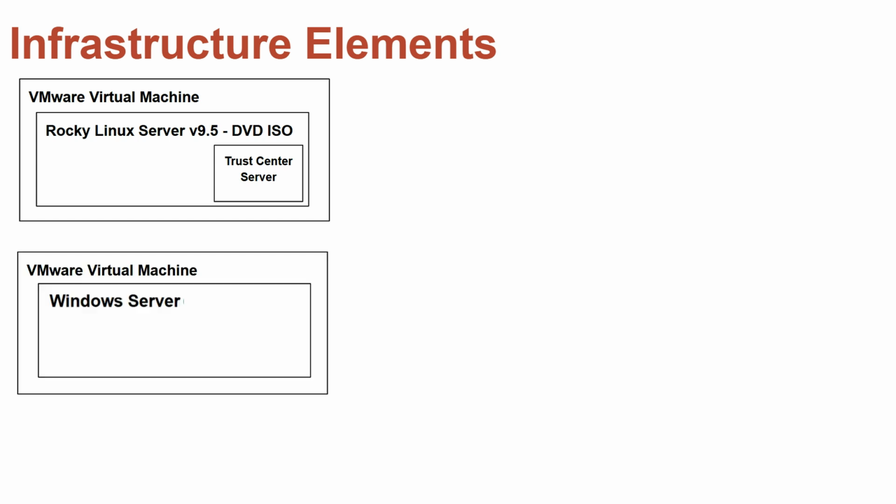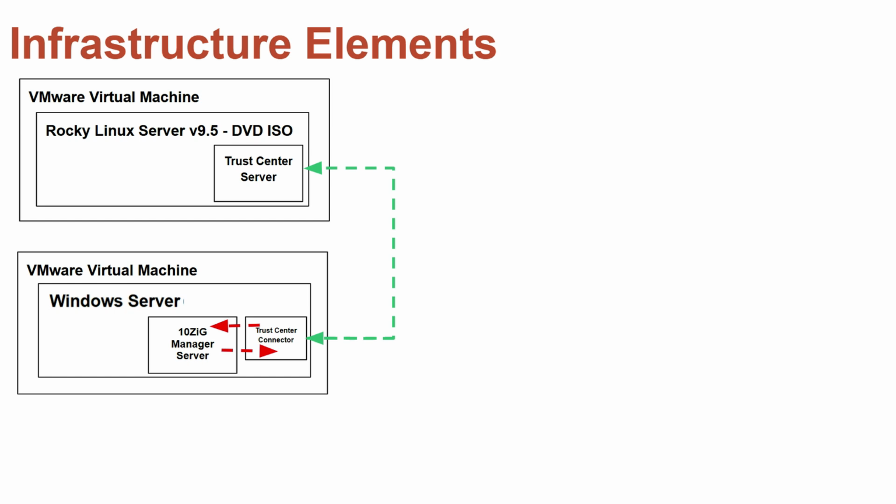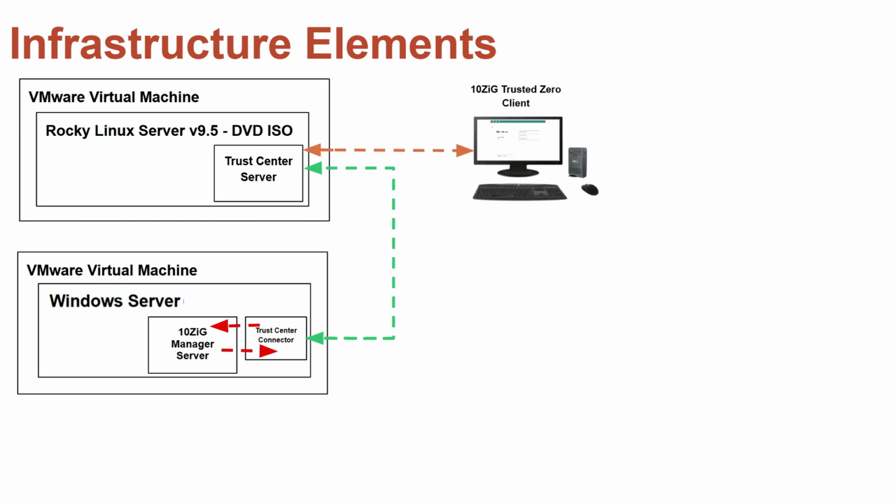And we'll also be using a separate virtual machine to host our Tenzig Manager server and the Tenzig Trust Center connector. The Tenzig Trust Center connector serves as the gateway between our Anyware Trust Center, our Tenzig Manager server, and our Trusted Zero clients. Again, we'll take you through the installation process from start to finish during the demo.